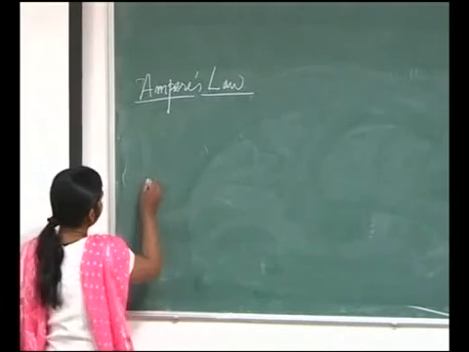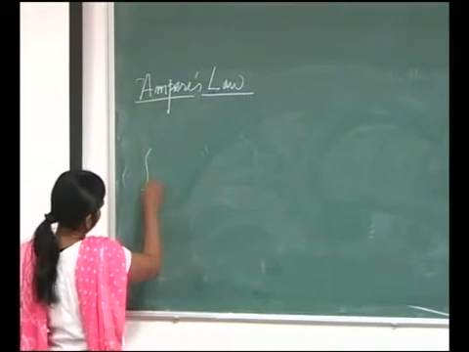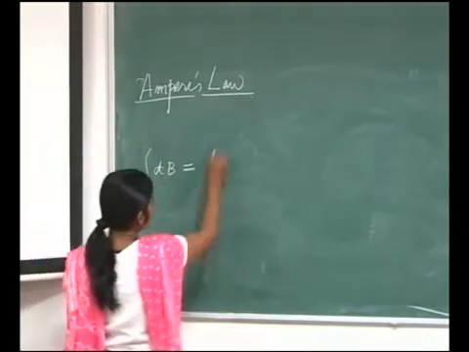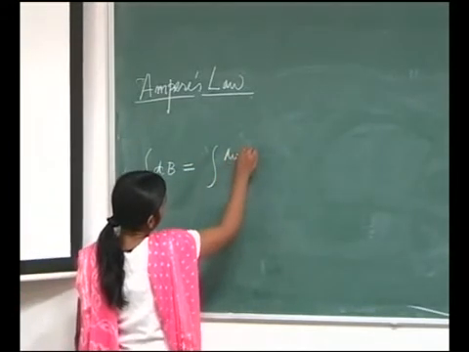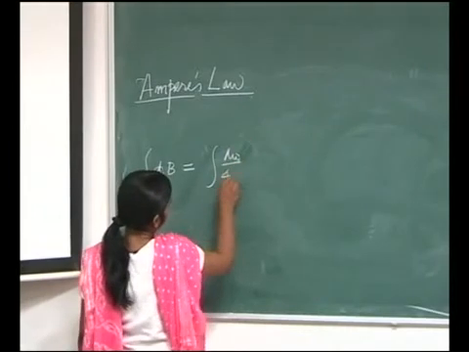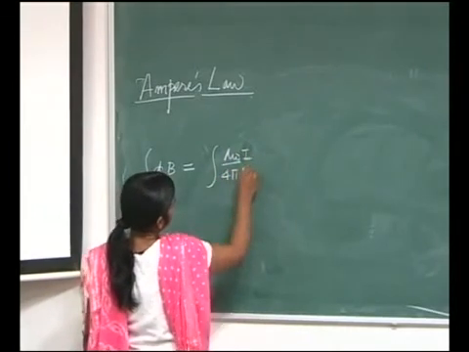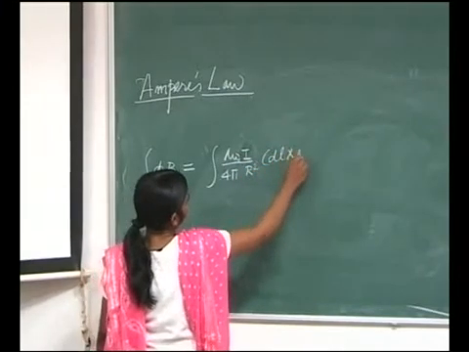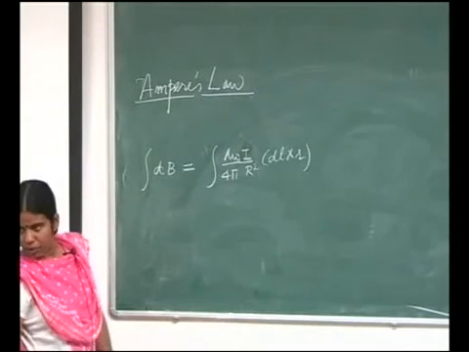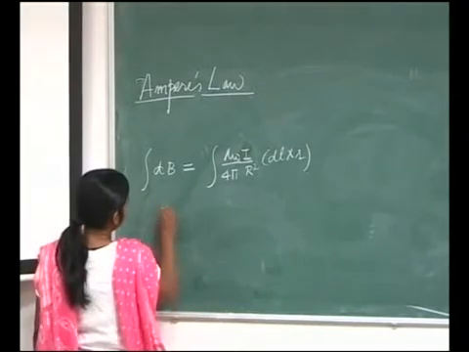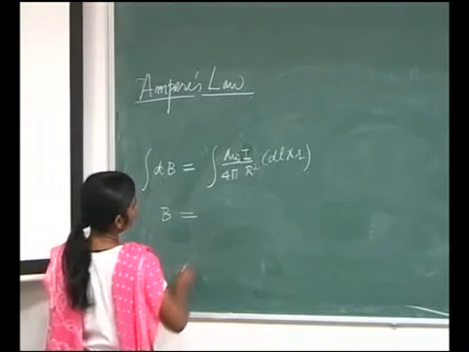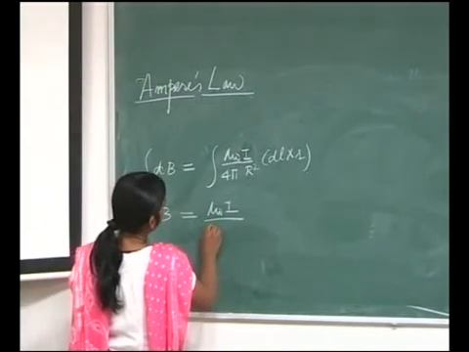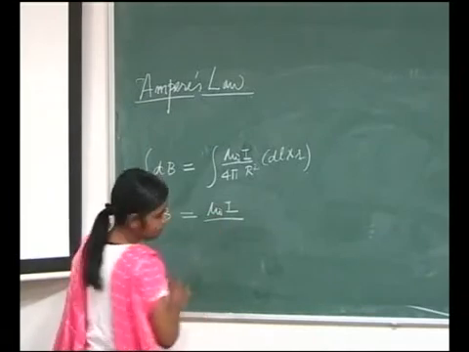So let me write down the Biot and Savart law that says that integral of dB is actually equal to integral of mu 0 upon 4 pi, I by r square, dl cross r. Okay. Or I can say that B is equal to mu 0 I upon, okay, let it be like this for a moment.